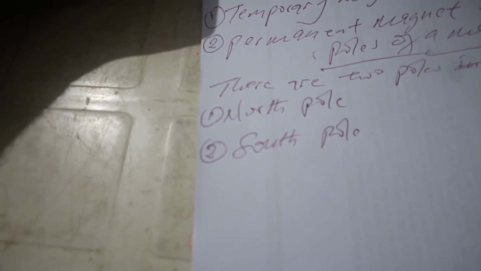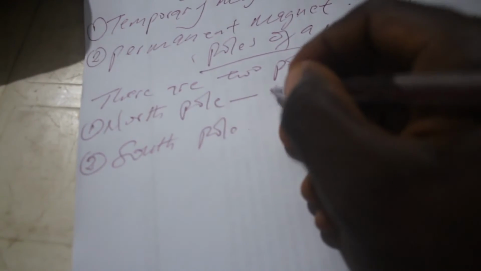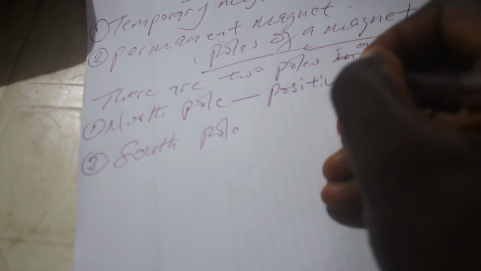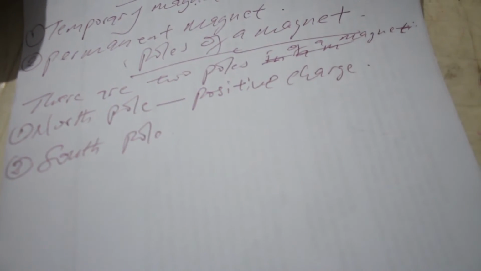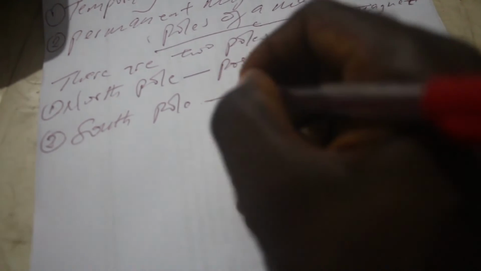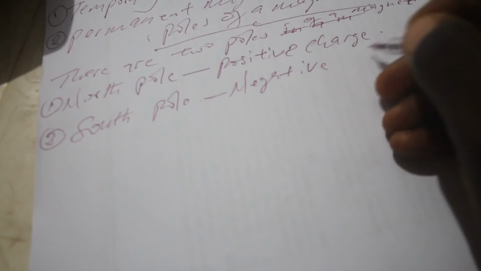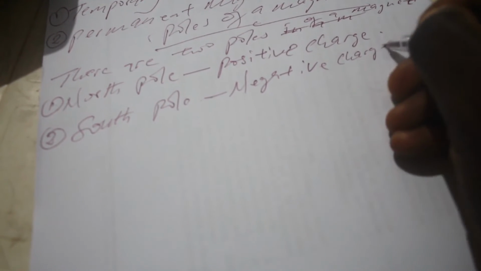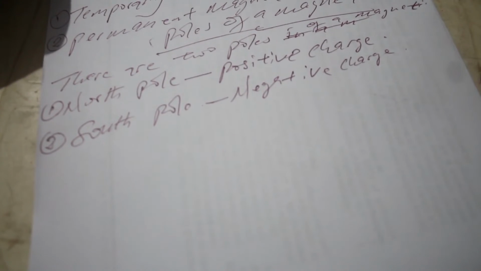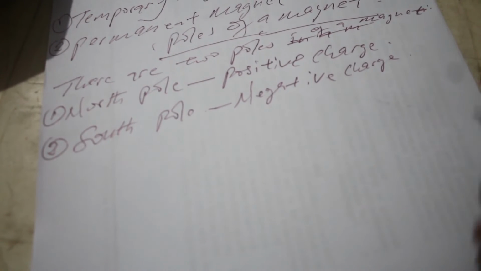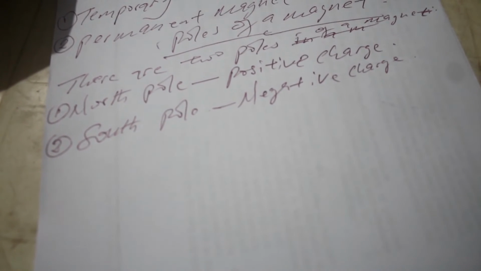You have the North Pole and the South Pole. Now the North Pole is analogous to the positive charge or positive terminal in electric field, while the South Pole is analogous to the negative charge or terminal in the electric field. Of course, why that is so, I'm going to be showing you as time goes on.